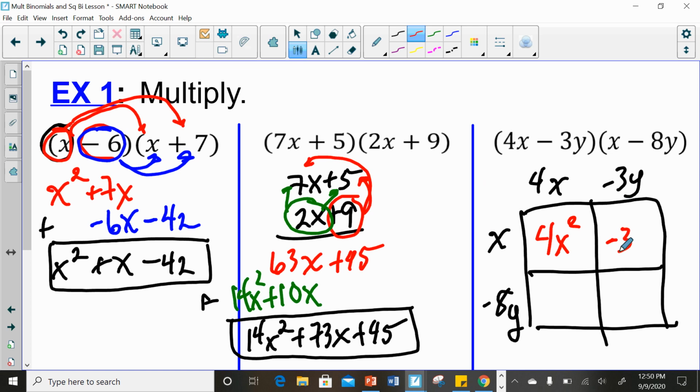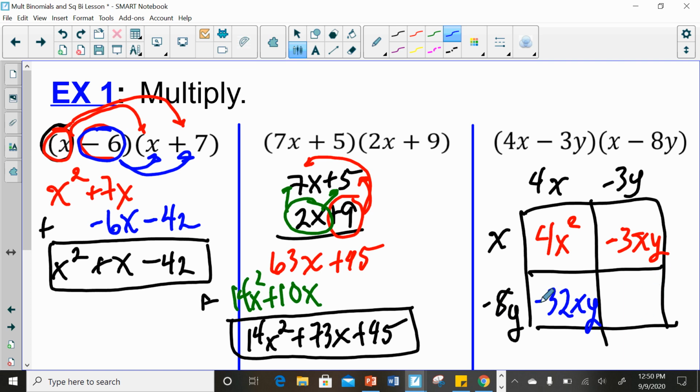But then x times y is just going to be written xy. All right, so then our next distribution is going to be for this square. So this square is intersected by the -8y and the 4x. So -8 times 4 is -32. And then that x times y, write it alphabetically as xy.